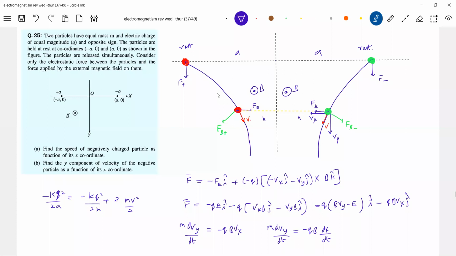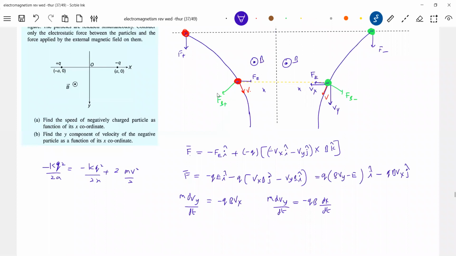Vx, I'll write dx by dt. This dt I'll eliminate. qB by m into dx.